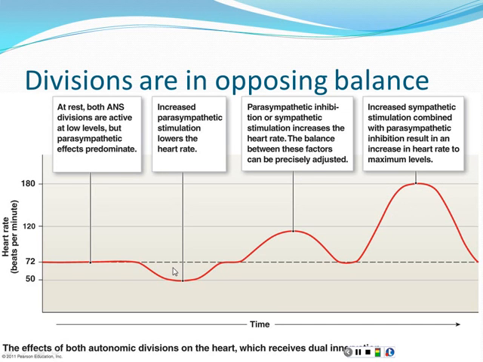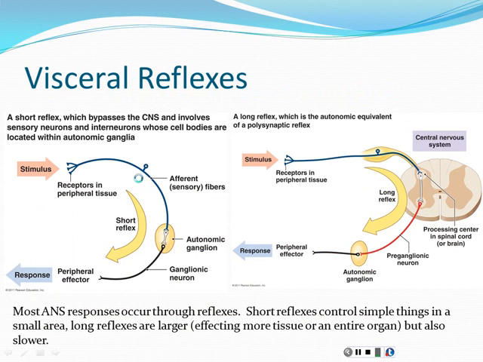By having these two systems in balance, it gives the nervous system a lot of control over things. Instead of just turning it all the way up or all the way down, instead we have this stepwise increase. So we can create a heart rate anywhere in between these by adjusting either the sympathetic or the parasympathetic up and down. So the divisions are in that opposing balance.